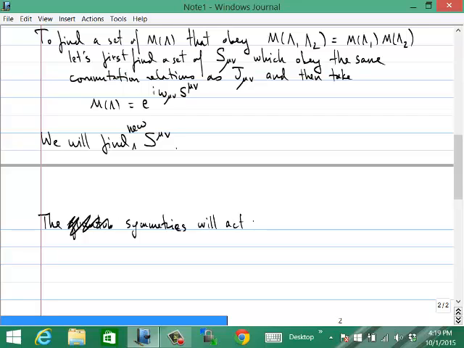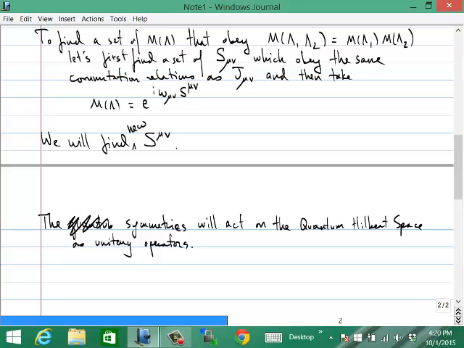And a symmetry acts on a quantum mechanical Hilbert space as a set of unitary operators. Remember that the definition of a symmetry in quantum mechanics is that it's a unitary operator that commutes with the Hamiltonian.